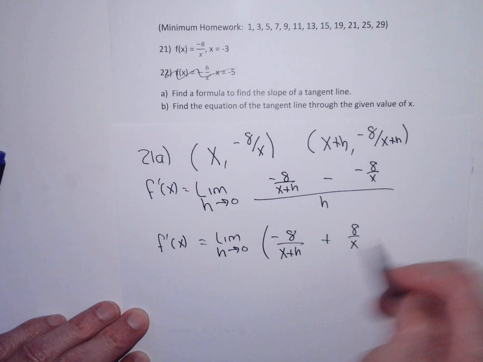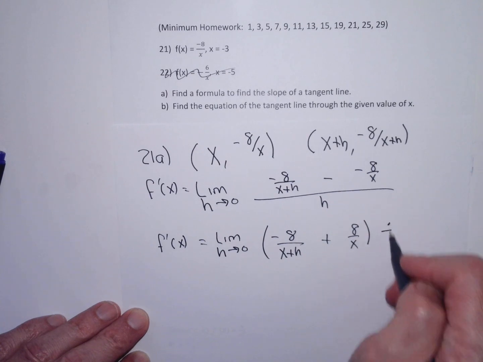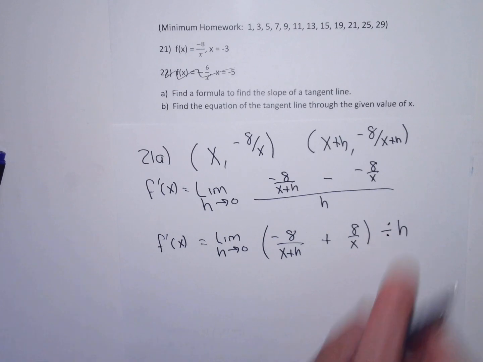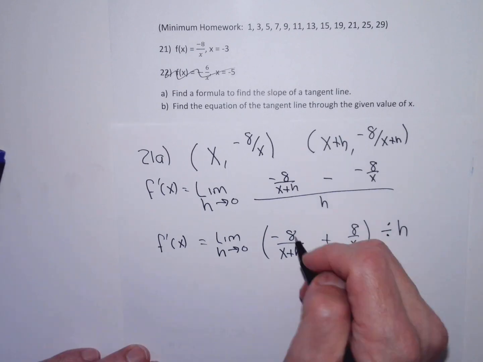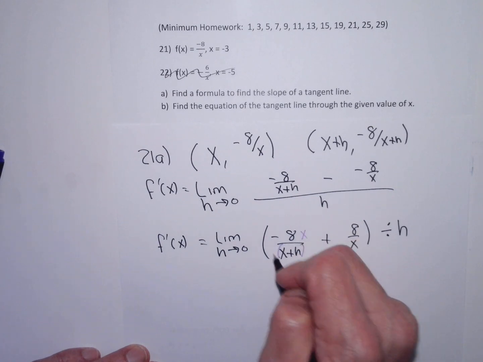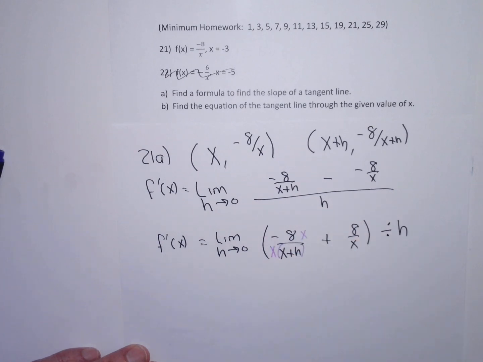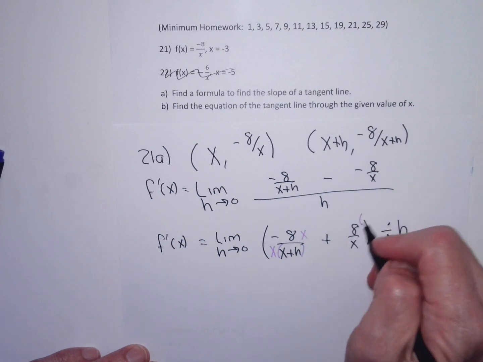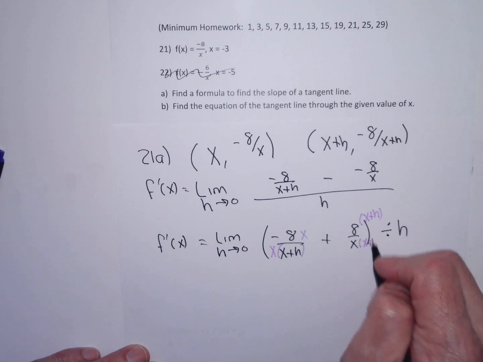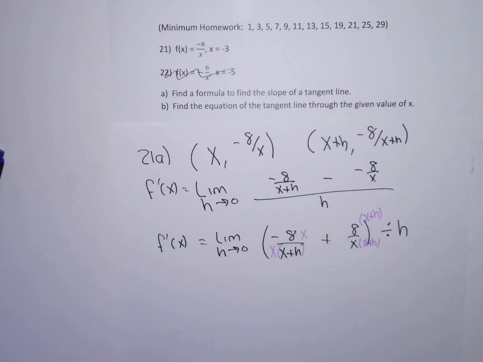And then instead of the 3-layered fraction, change it into a divide, and then we're going to multiply by the reciprocal. Let me multiply this fraction by x on the right side in the numerator, left side in the denominator to make the fraction have a nice denominator. And the second fraction, I'm going to multiply numerator and denominator by x plus h.